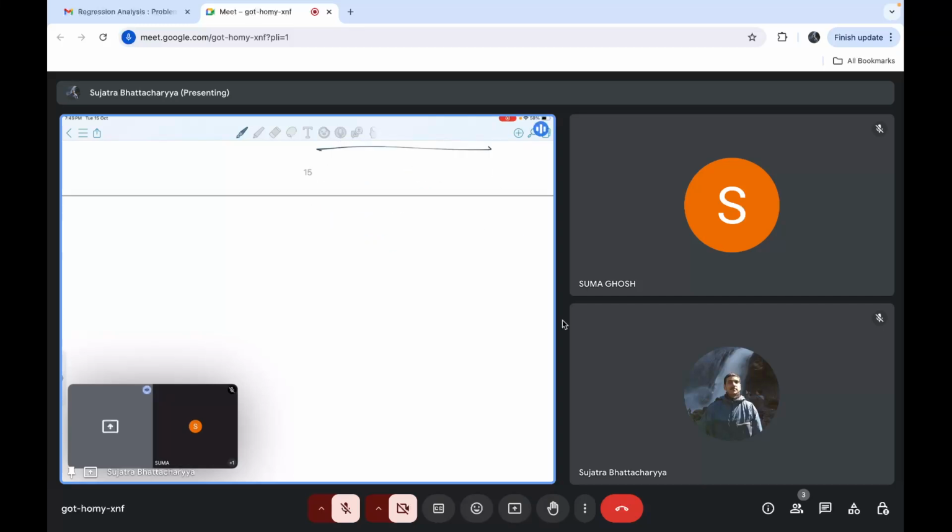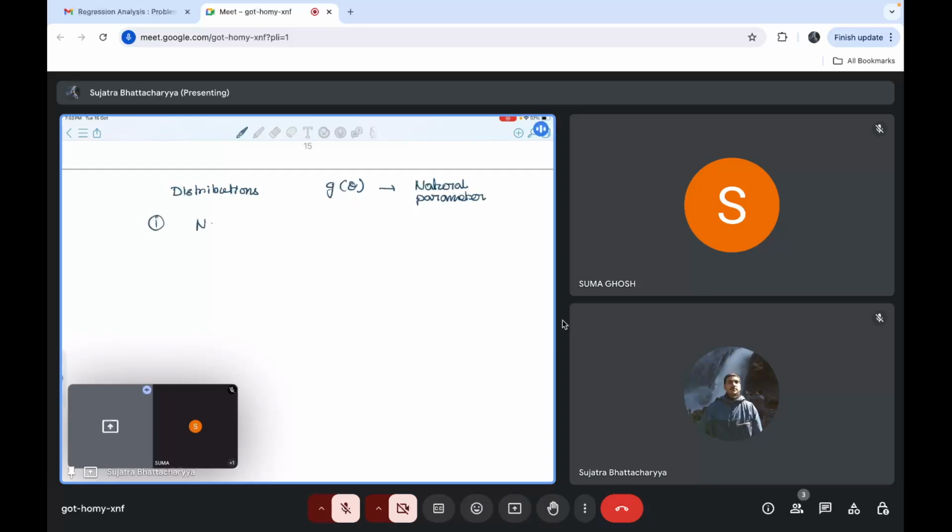So let me give a list of all those link functions corresponding to each distribution. The distribution, and the link function g of theta, the natural parameter. The first one is normal, which is not of our interest for this case. So g of mu is equal to mu.